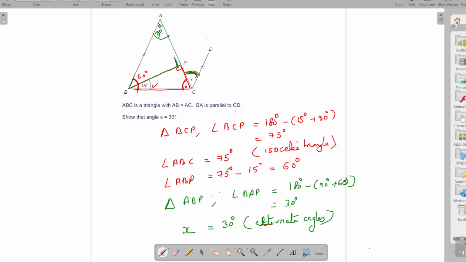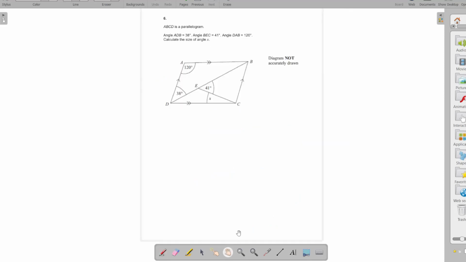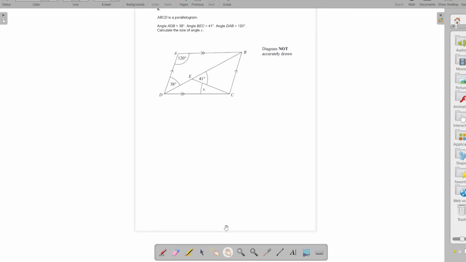Now, one more question. ABCD is a parallelogram. Angle ADB is 38, is given. Angle BEC is 41. DAB is 120.